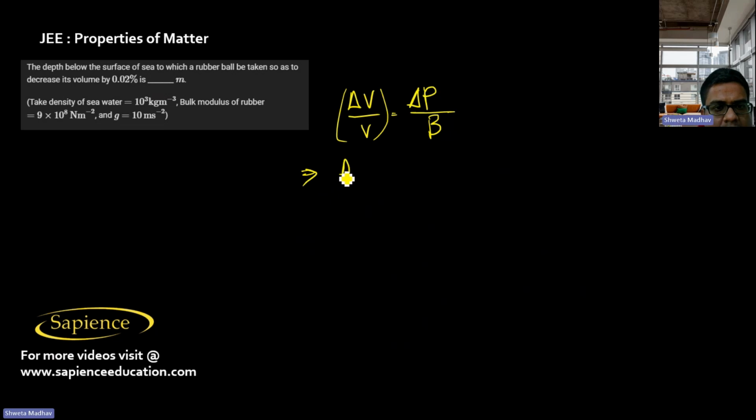Now delta V by V is the volumetric strain, and it is told it decreases by 0.02%. So it means the change in the volume, minus delta V by V, is minus of 0.02 by 100, which is minus 2 into 10 power minus 4.